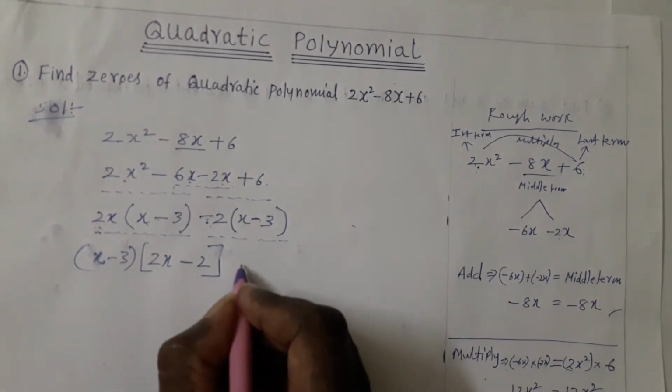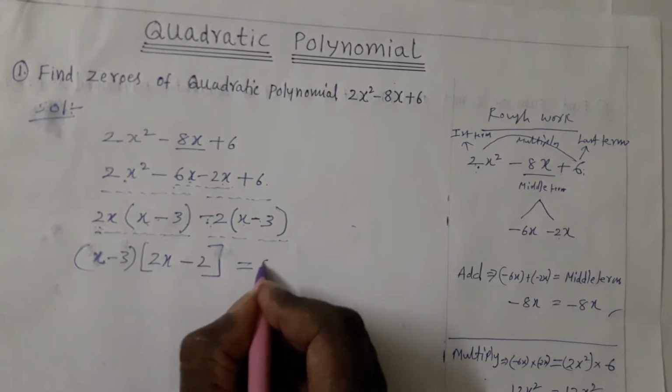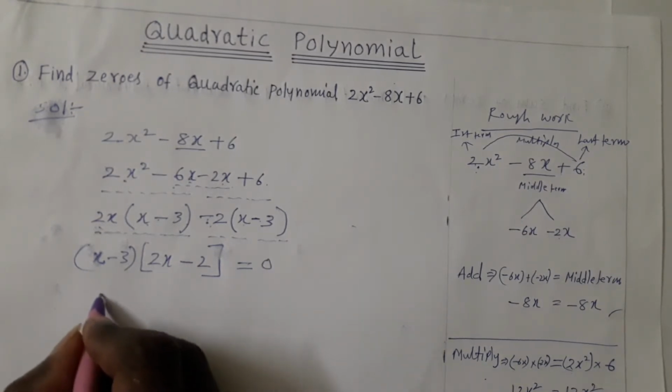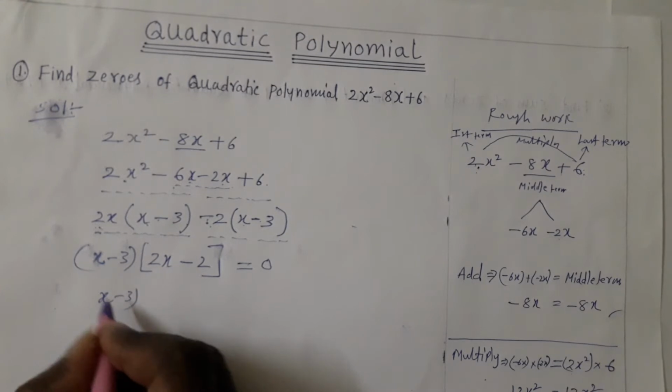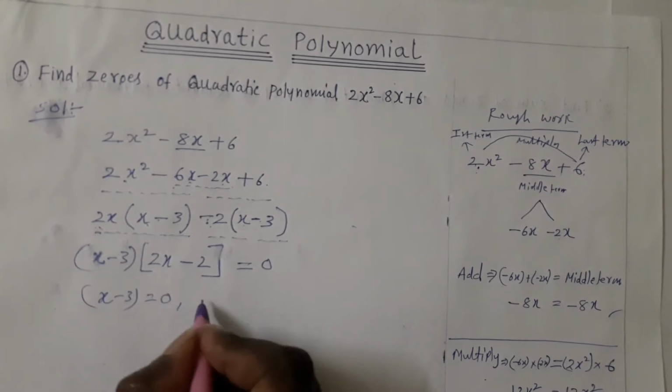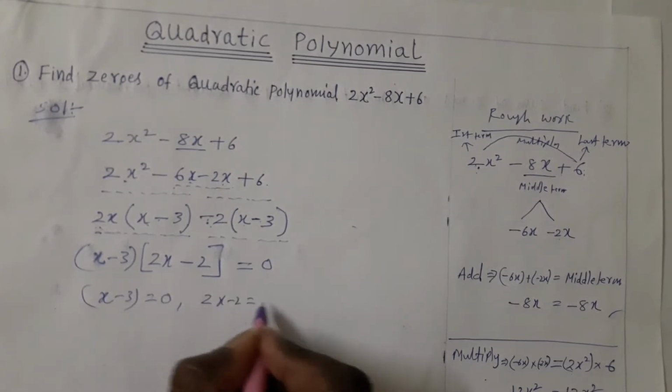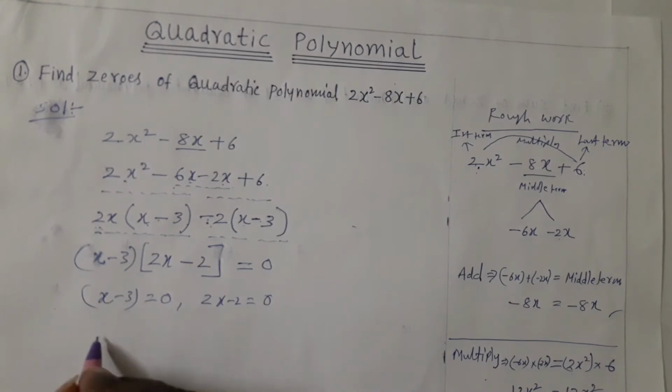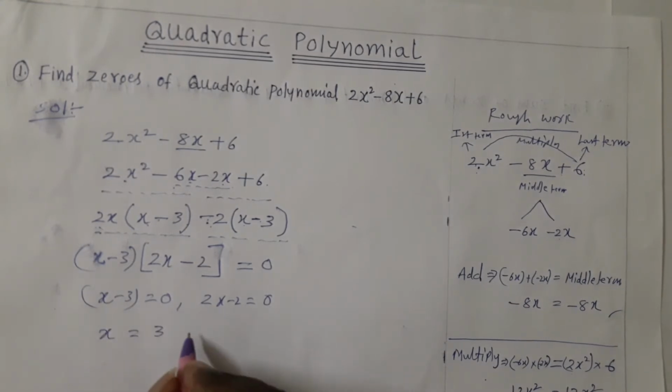We find the x value when the factors equal 0. x minus 3 is equal to 0, and 2x minus 2 is equal to 0. So x is equal to 3.